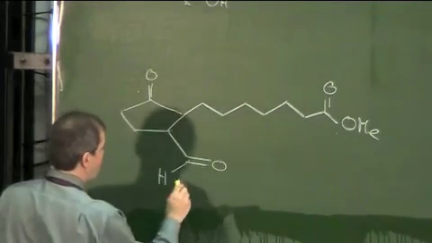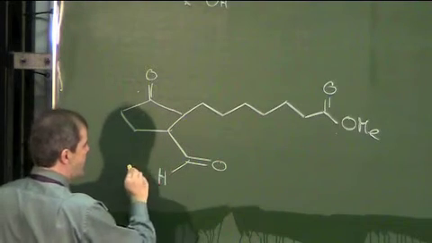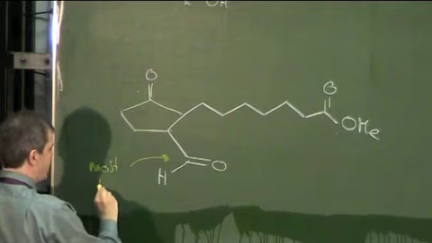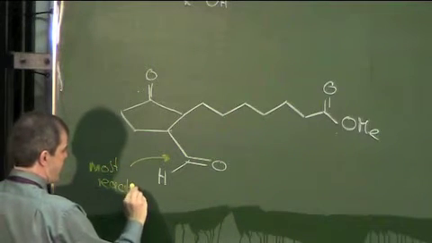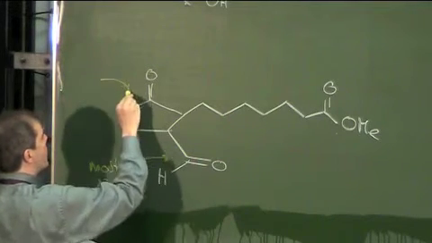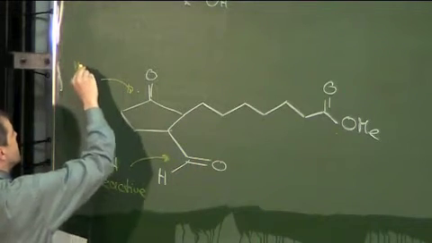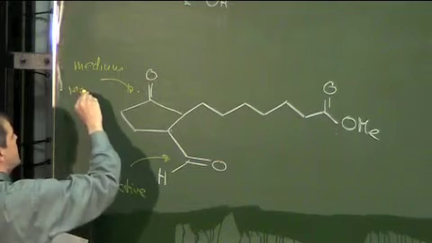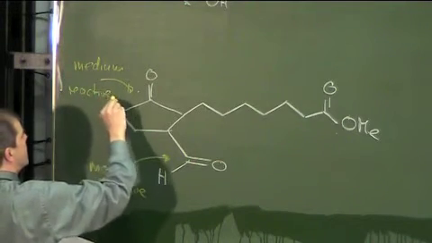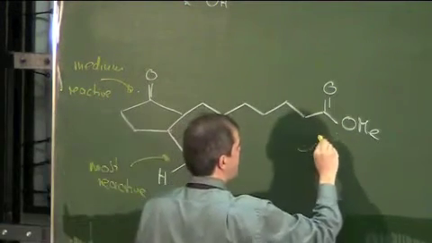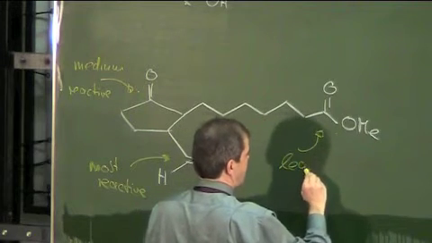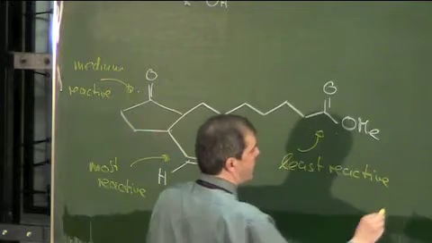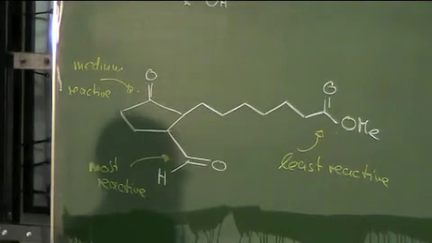So as we know that the aldehyde here should be most reactive, followed by, this would be here in the middle, medium reactivity, and this should be the least reactive part of the molecule for a reduction reaction.